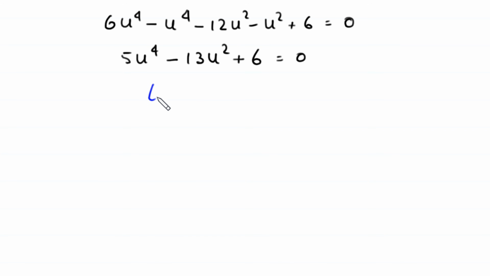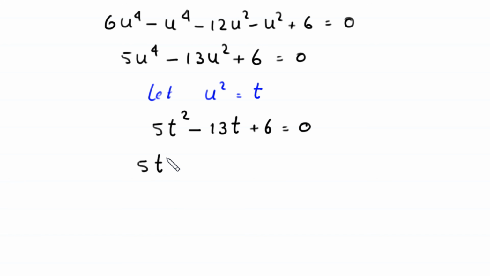Now we suppose that u squared equal to t. So this equation will become 5t squared minus 13t plus 6 equal to 0. This quadratic equation is factorable. We write this 5t squared, and break this negative 13t into two terms, negative 10t minus 3t plus 6 equal to 0.